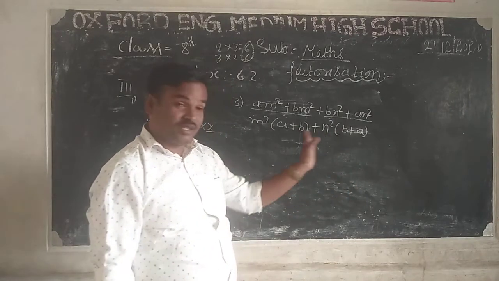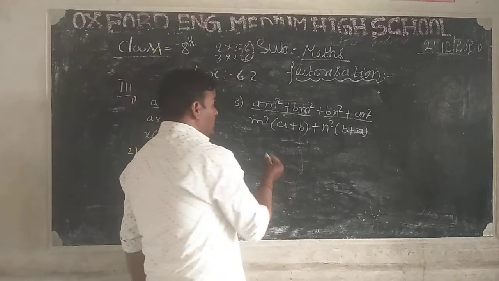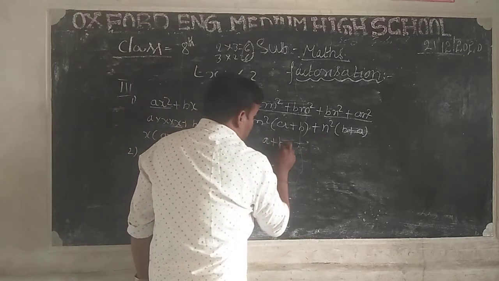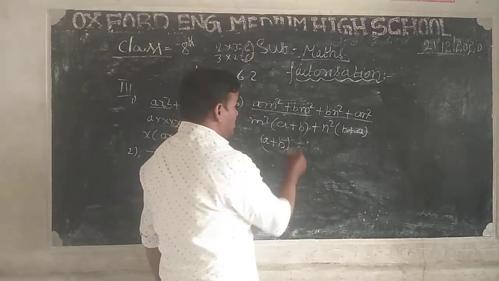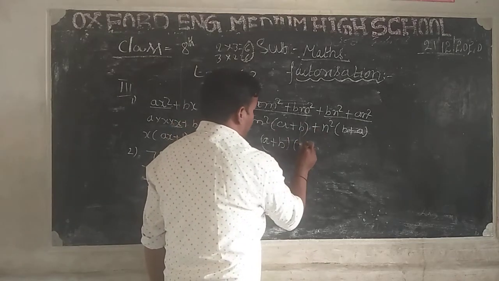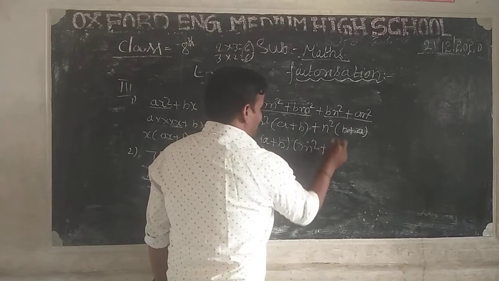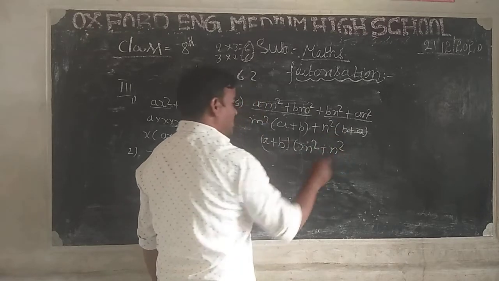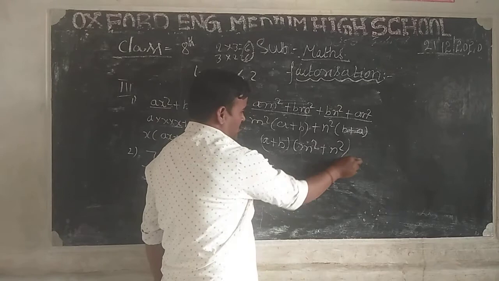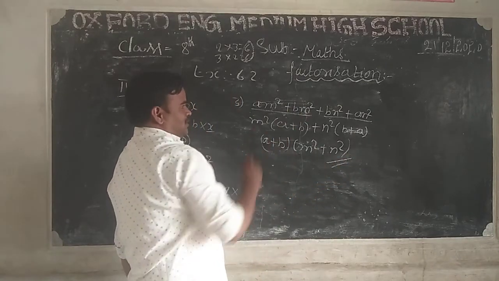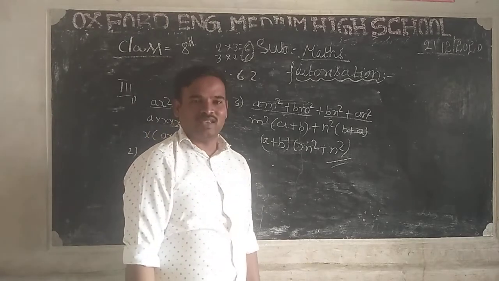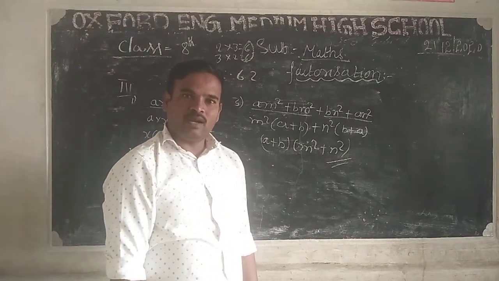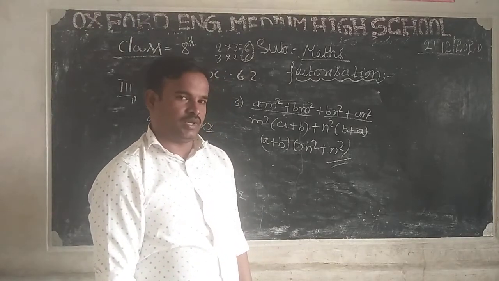Therefore this a plus b is again taken outside, and the remaining is m square here and n square here. So (a plus b) into (m square plus n square). These are the two factors of am square plus bm square plus bn square plus an square. Understand, dear students? Okay.